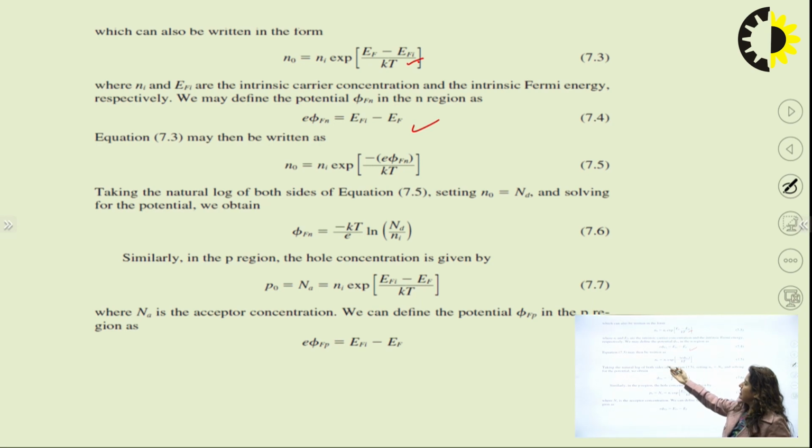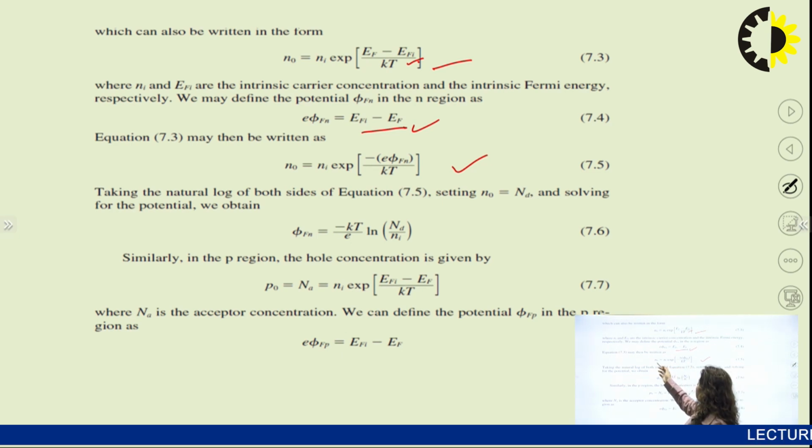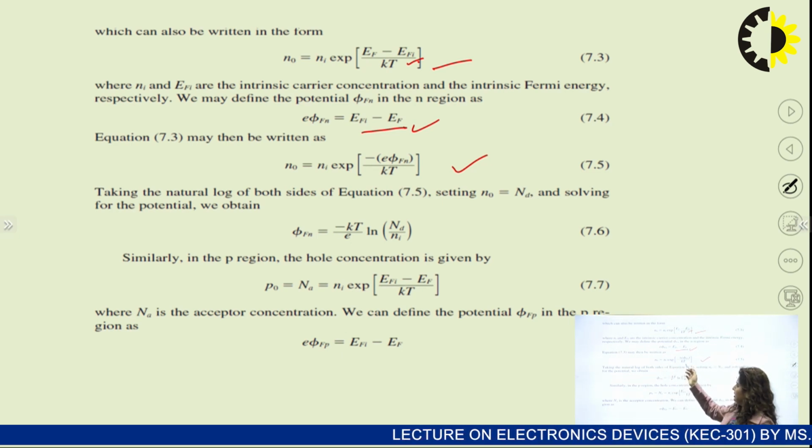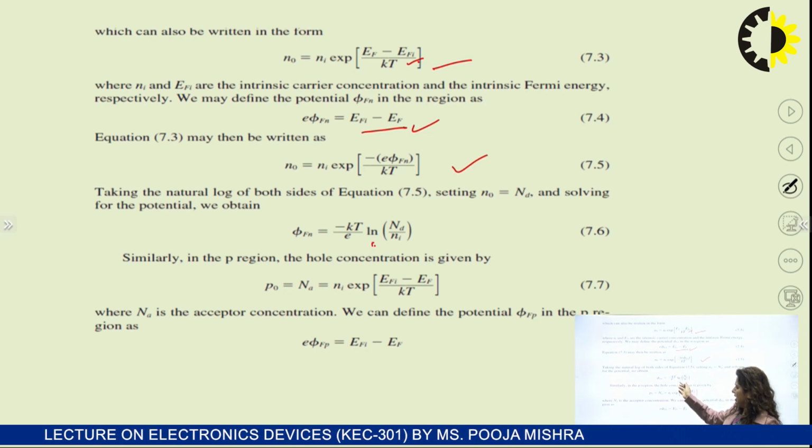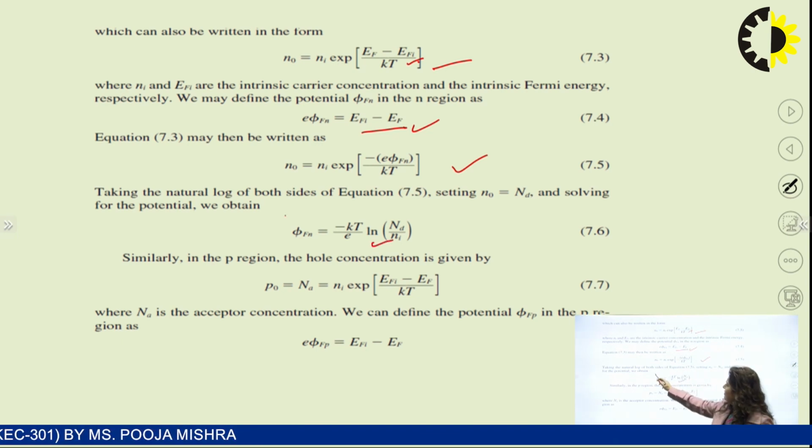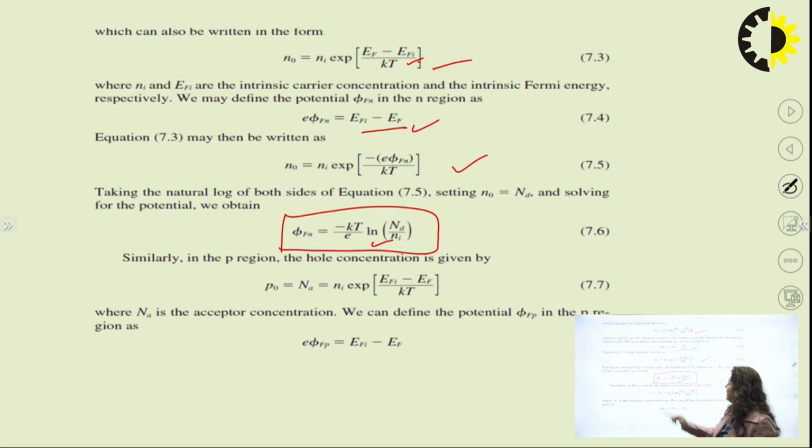Then we can easily calculate n0 equal to Ni exponential, because we can replace this value in this equation and we get this particular electron concentration. That's why we can easily find the phi_Fn value by taking n0 upon Ni, the exponential becomes ln here. So we get the final expression of the work function like this.